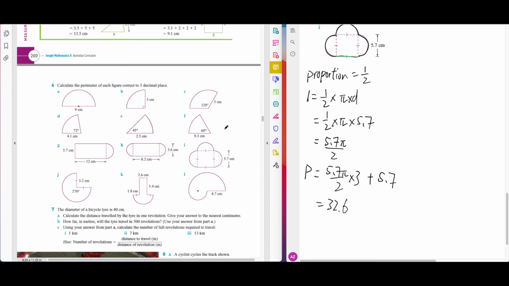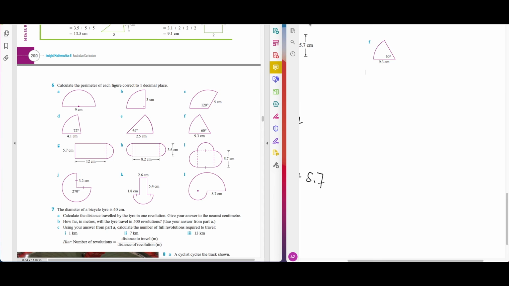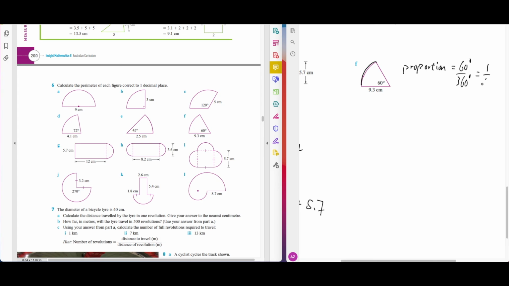So let's take a look at 6, the F. Alright, so how do we do this? So, like I said, first find the length of the arc. So proportion is what? Proportion is equal to 60 degrees divided by 360 degrees, which equals 1 on 6.